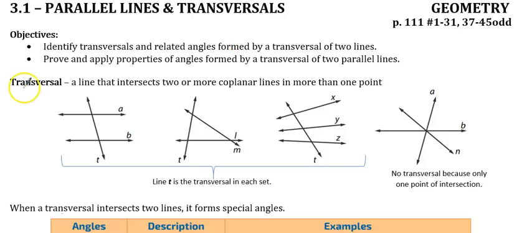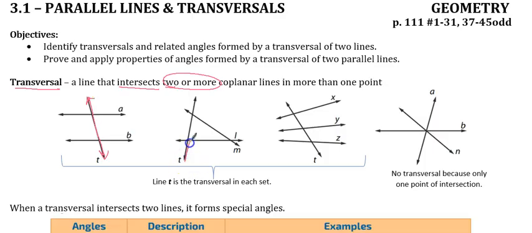Okay, first of all, a transversal is a line that intersects two or more coplanar lines in more than one point. So in each of these, it says line T is the transversal. So get out your highlighter and highlight line T because it's the transversal.